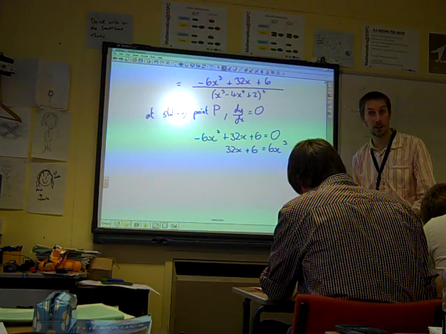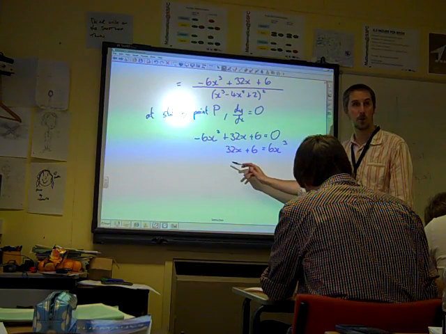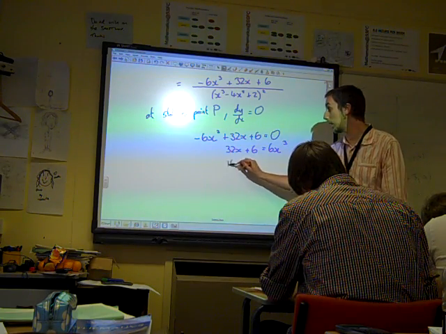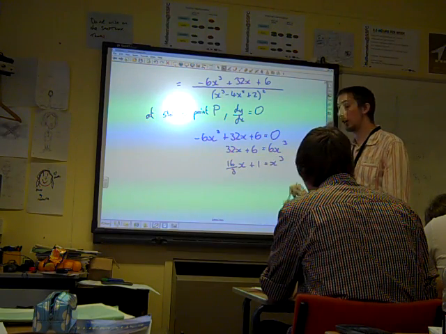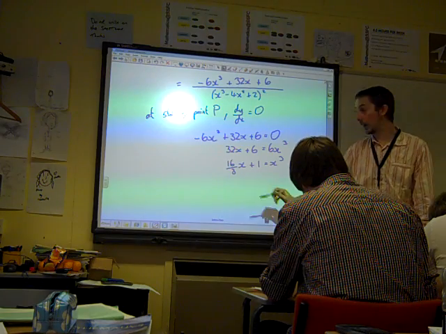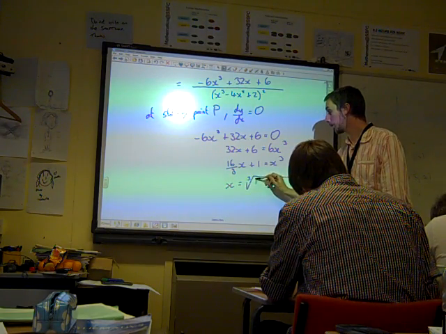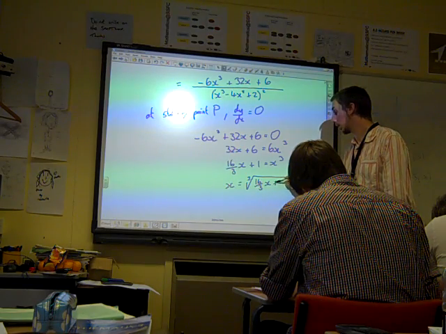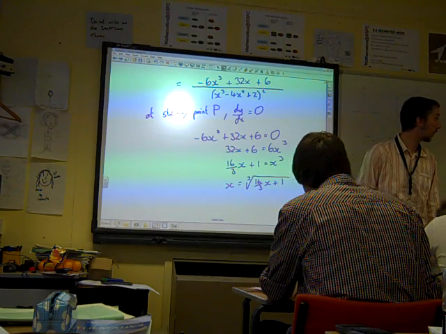If we divide by the 6, we've got 32 over 6, which we could write as 16 over 3, x plus 1 is x cubed. And if we cube root, we've got the cube root of 16 over 3 x plus 1, so we've got what we hoped for.